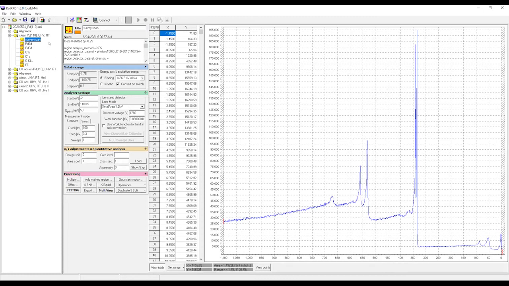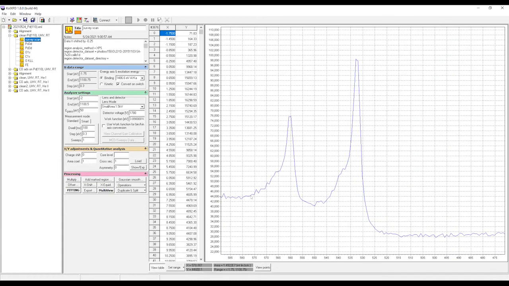And for this purpose, there are three elemental backgrounds in HPS. One is a linear background, where you just put the starting and ending point, and you put a straight line.